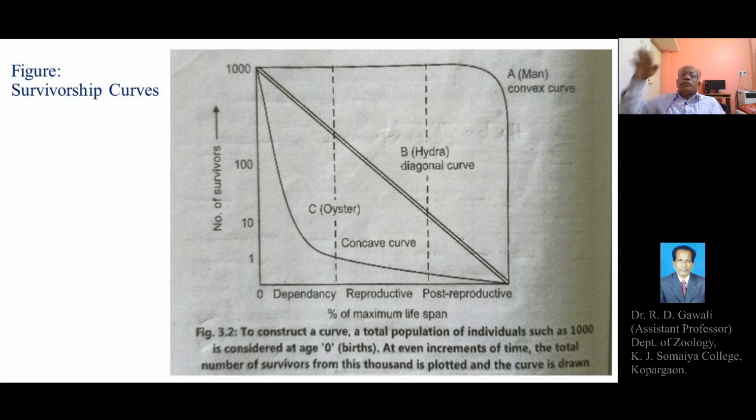In the case of convex survivorship curves, the individuals of the population survive for their potential lifespan.